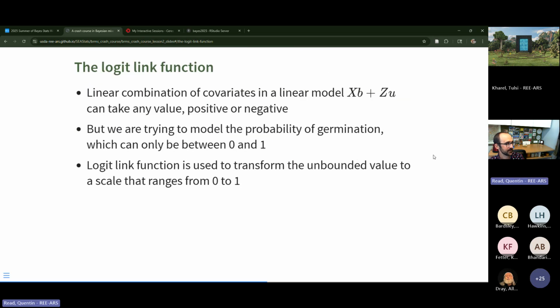We've shown that because we have a linear model, which is made by multiplying and adding things together, fixed and random effects, this term, xb plus zu, the fixed effects plus the random, can be anything from negative to positive infinity. It could take any value. But what are we trying to model? We're trying to model a probability, the probability of germination. Probability has to be between 0 and 1. The logit is a function that transforms this value that can take any value, it's unbounded, into a scale that ranges from 0 to 1.